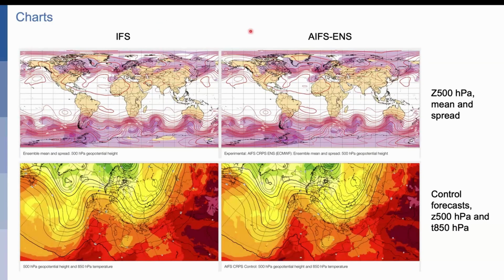All these forecasts from our physics-based model and also the ensemble model are now on ECMWF Charts. So if you're interested, you can go and compare the two systems, learn about their properties and how they differ, what they do well, what they do less well, and use them to produce forecasts.